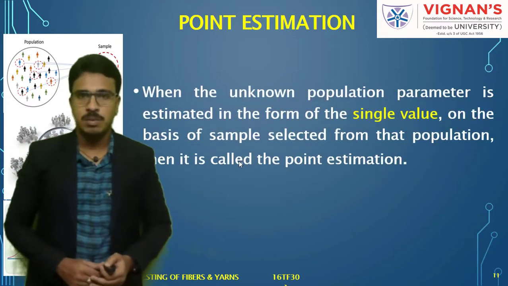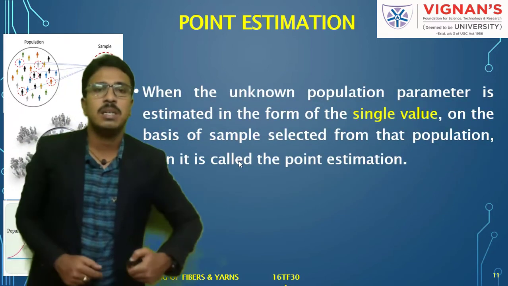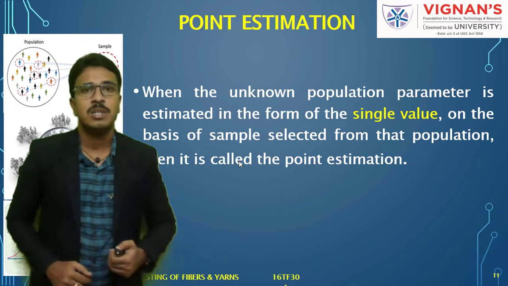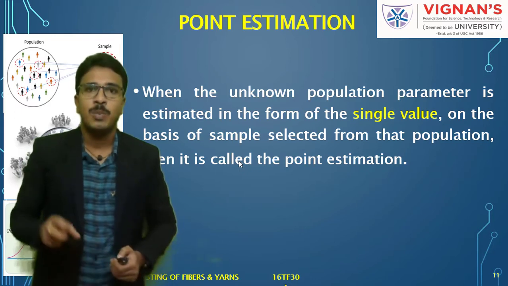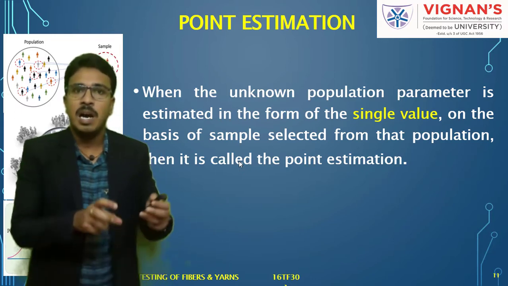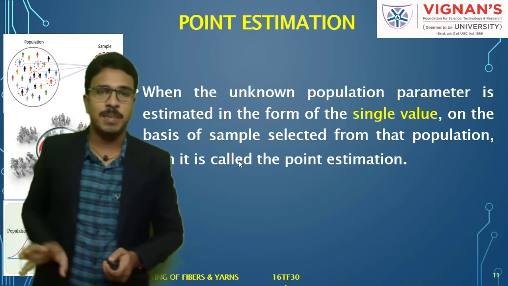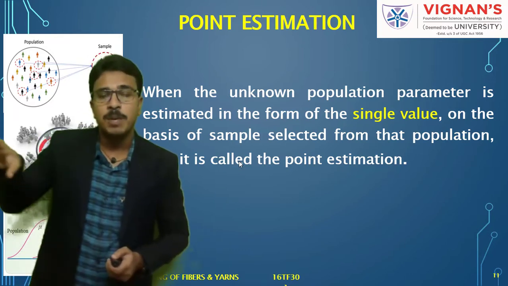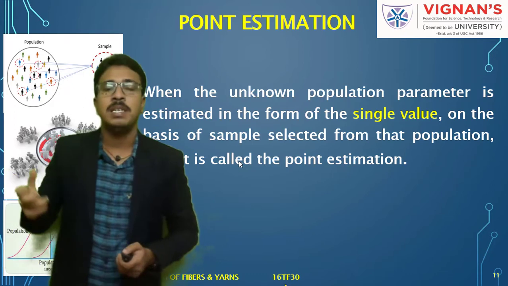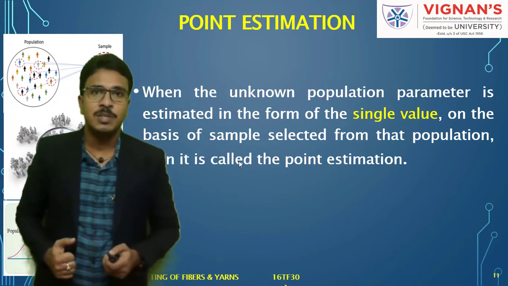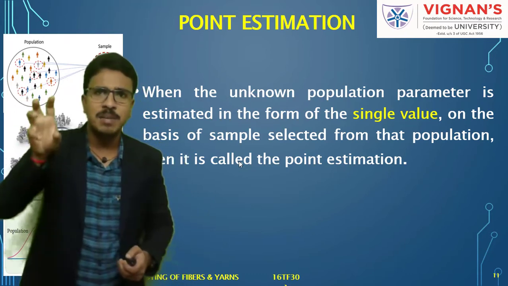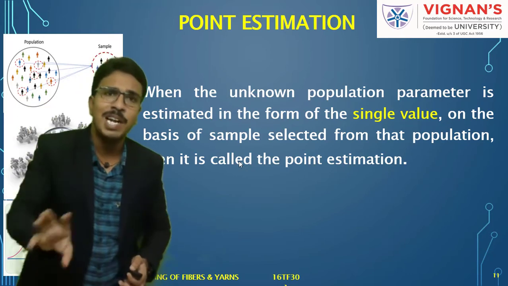As we already discussed in the last slide, what is point estimation? We are estimating the unknown population parameter from the sample selected in the form of an exact point or in the form of a single value.